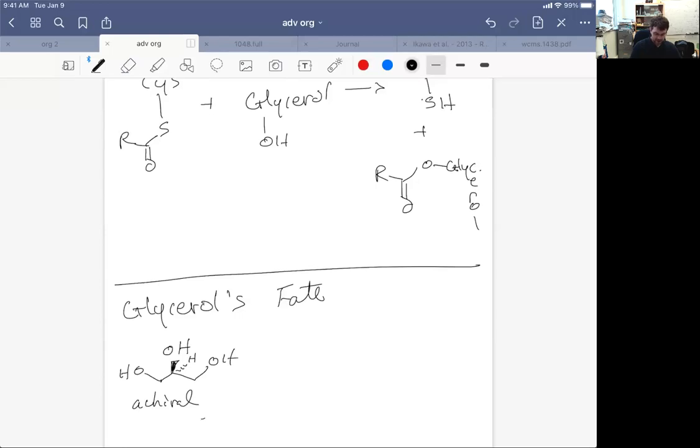But if we do this, we can label this as our prochiral S OH and our prochiral R on the right. Pro S: if I react there, I actually destroy the bilateral symmetry in the molecule and make glycerol chiral, which is kind of interesting.